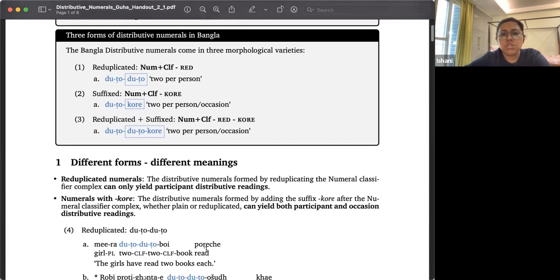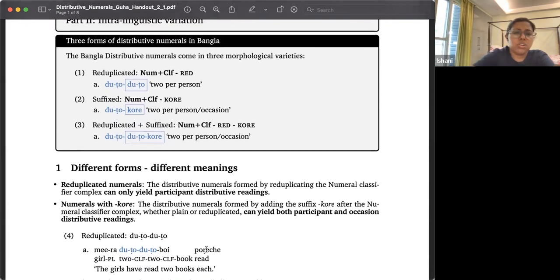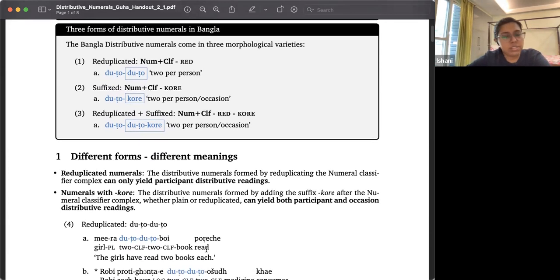What I found over the years, people telling me, is that the reduplicated numerals are only good with participant distributive readings, whereas the kore suffix numerals are the major form for distributive numerals, and they are productive and they can do all sorts of things.